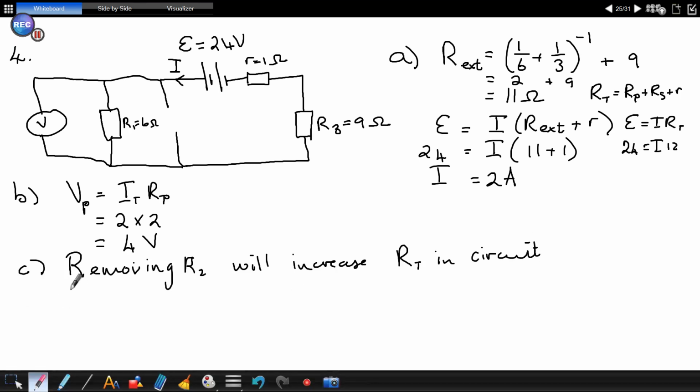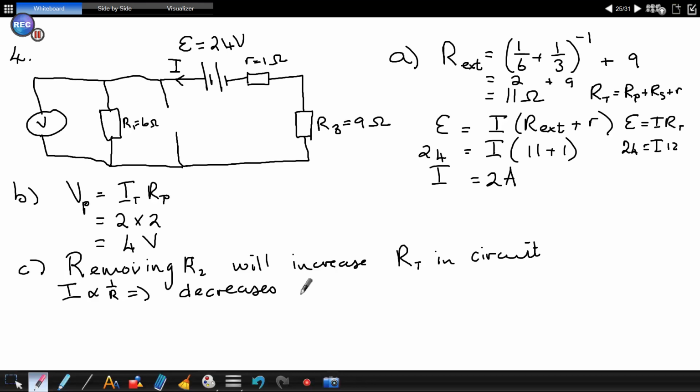Yes? What will that do? Which will decrease the current flowing, because current is inversely proportional to resistance.